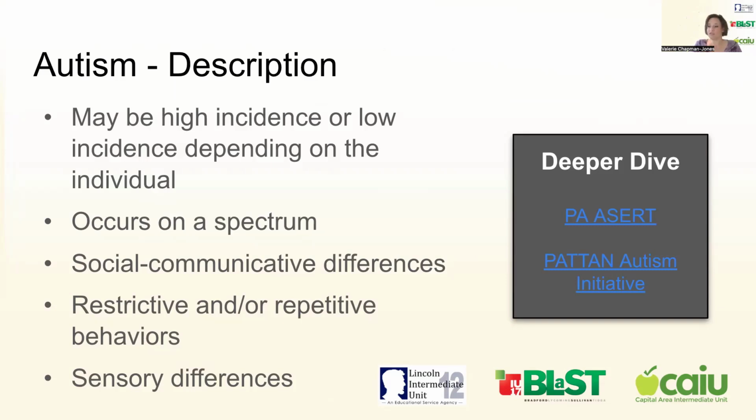They may have restrictive and or repetitive behavior, and that can certainly look very different from student to student. And they have sensory differences. Again, it's very variable from student to student what that's going to look like. Some students may be sensory seeking, some students may be sensory aversive. And there are two links there if you'd like a deeper dive to learn more about autism.